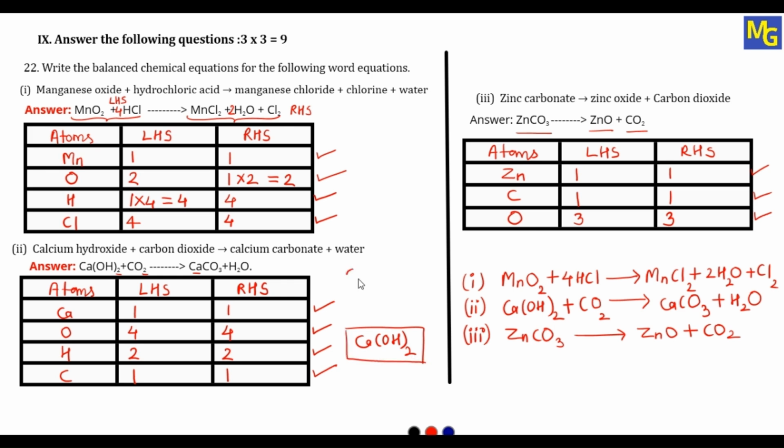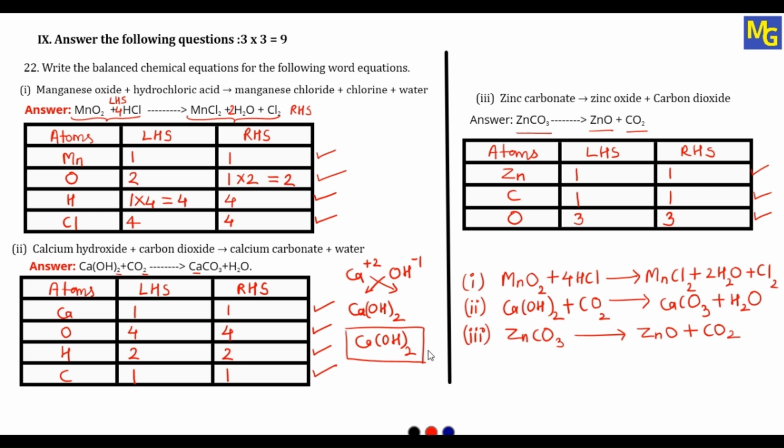Ca oxidation state is +2, OH oxidation state is -1. So if you cross these, then this 1 comes on Ca side, so Ca will be 1 and 2 goes on OH side. So OH we have to write in bracket and then write the 2. So like this we can write the formula of all the compounds. So you should know the oxidation states of every ion. This is the answer for question number 22.